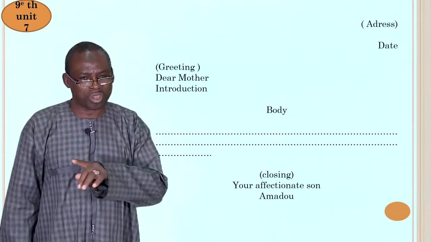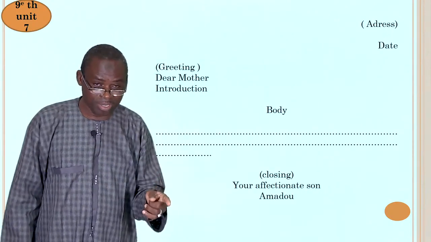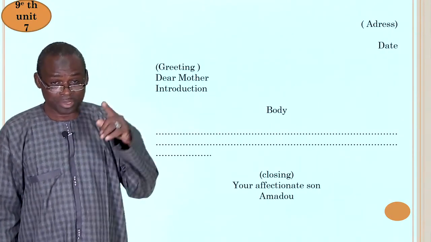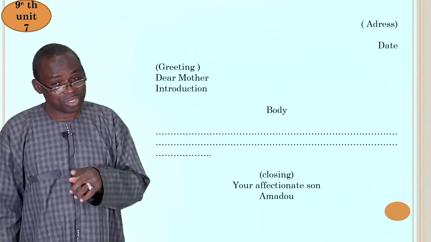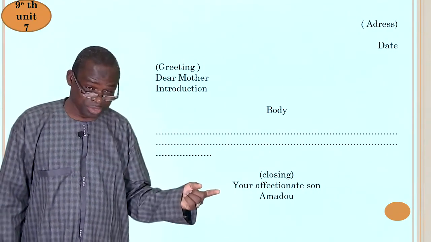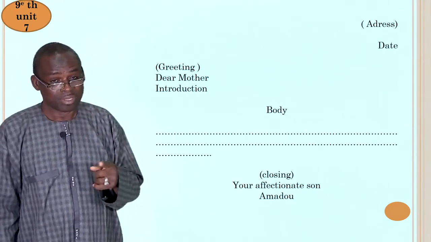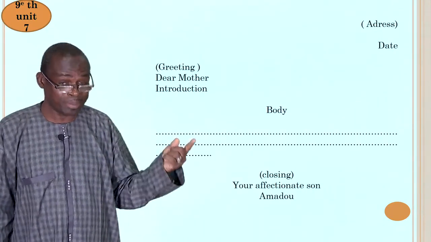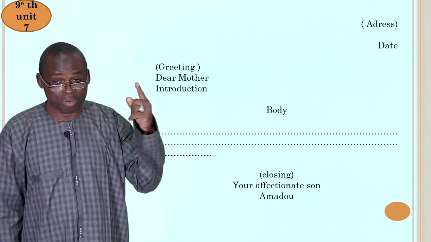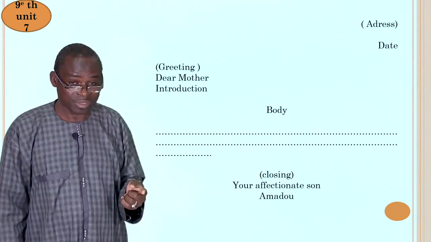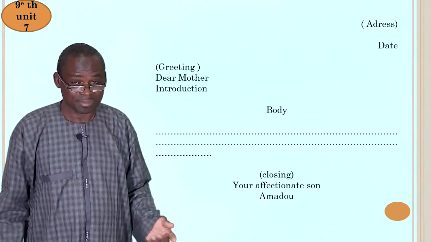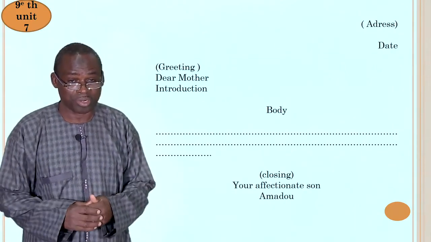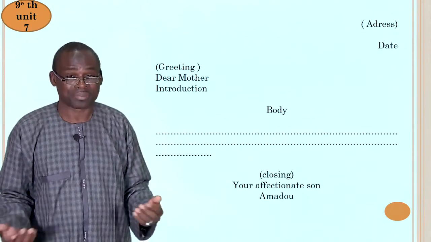Okay? And a little below on your left hand side, you have to put greeting. Greeting, you say, dear mother, dear sister, dear cousin, dear grandfather, dear grandmother, or dear aunt, if you want. Okay? Or dear sir.